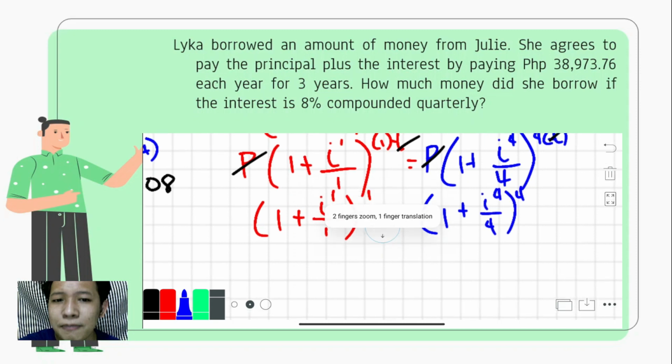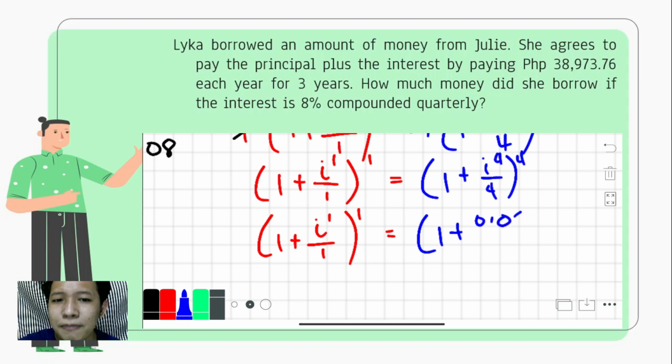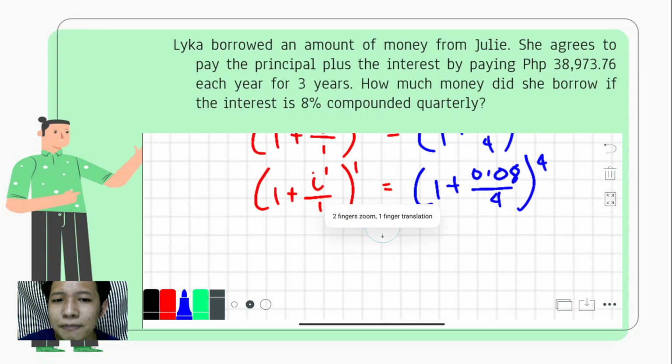Okay po, and then we plug in the values. So we have here (1 + i^(1)/1)^1 equals 1 plus, yung i^(4) natin or your nominal rate is 0.08 over 4, raised to 4. And then we simplify.